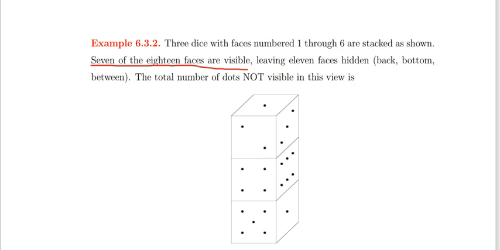We have a back one, a bottom one, and ones in between. The question is the total number of dots not visible in this view.